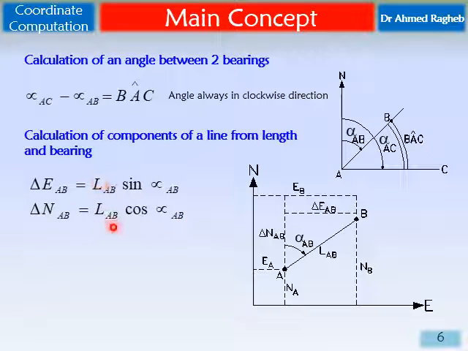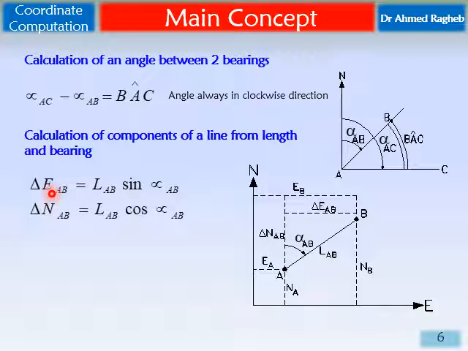LAB or LBA, it doesn't matter, but it matters in alpha AB, because between alpha AB and alpha BA there's a difference of 180 degrees, and so the signs of sine alpha and cosine alpha will differ. So it's very important whether you're given alpha AB or alpha BA, and whether you're getting delta EAB or delta EBA. The value will be the same, but the sign will be totally different.